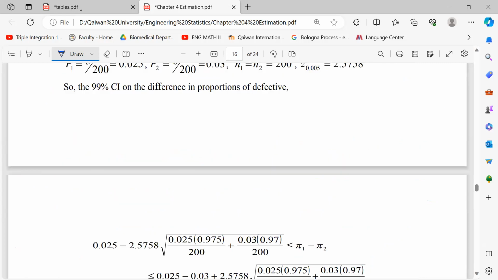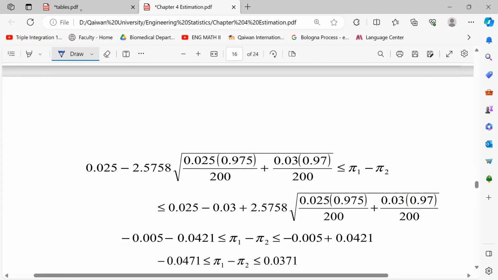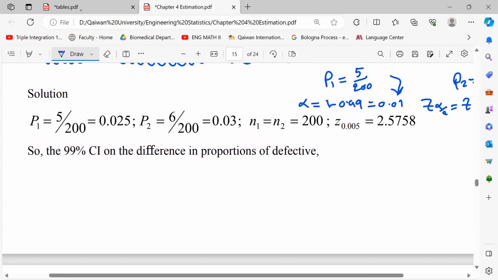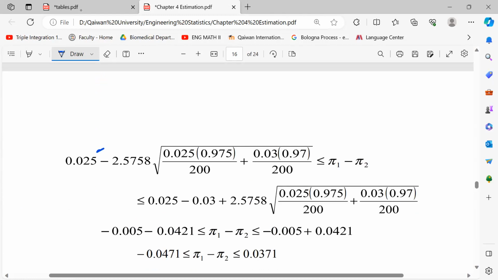It is p1 minus p2, which is 0.03. It's p1 minus p2; only p1 is written here, it's a typo actually.